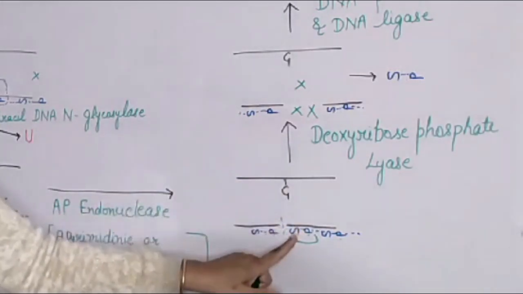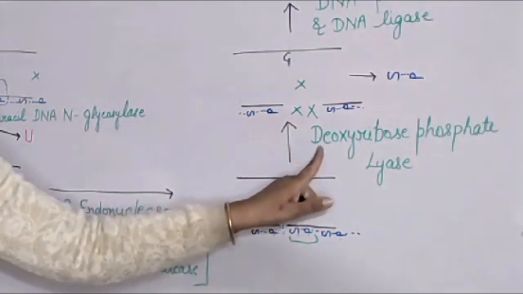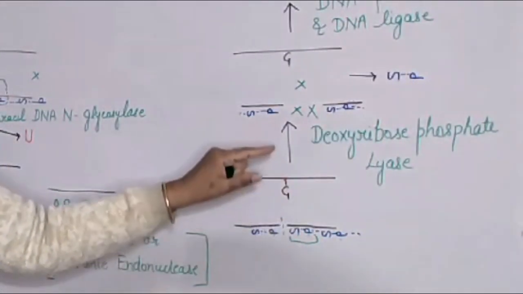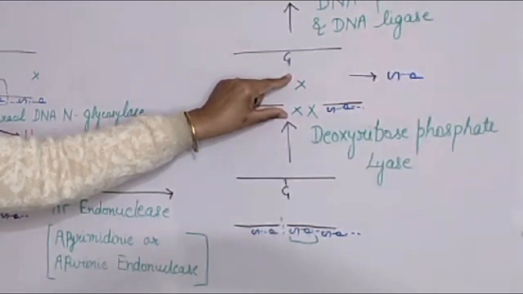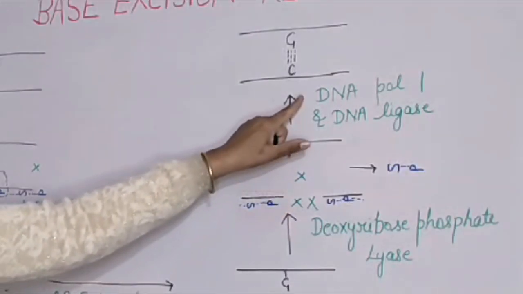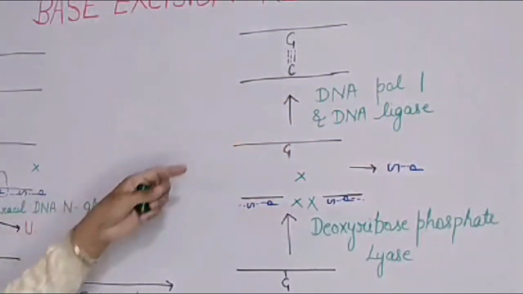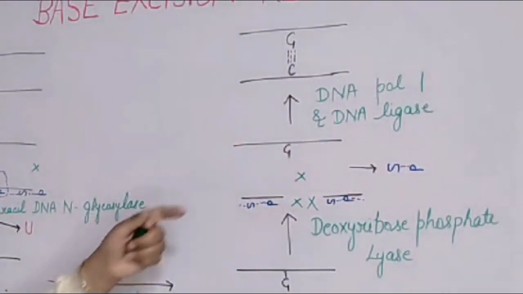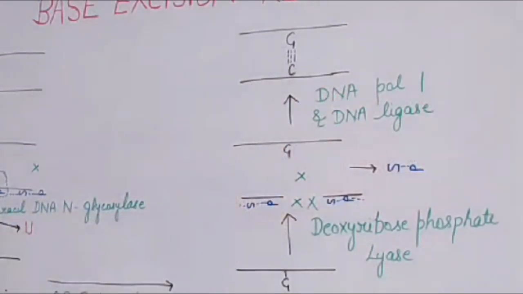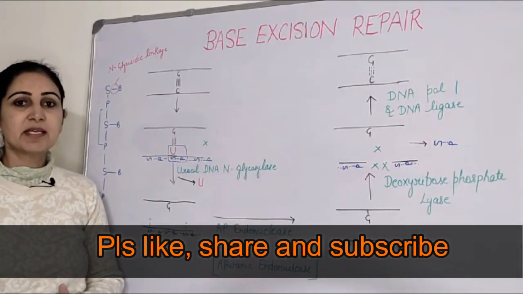After this, the sugar and phosphate moiety gets removed with the help of deoxyribose phosphate lyase, so that the whole nucleotide gets removed. Then the right nucleotide gets attached with the help of the enzyme DNA polymerase 1, and the broken portion of the strand is ligated with the enzyme DNA ligase. So this is how base excision repair gets done in our cells.